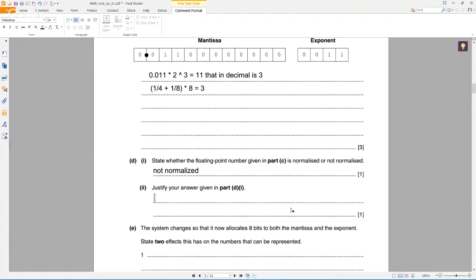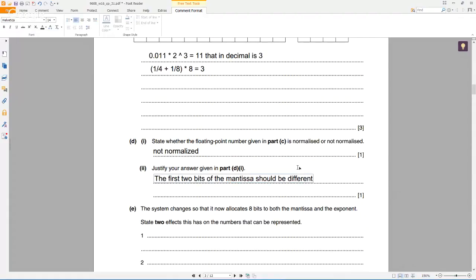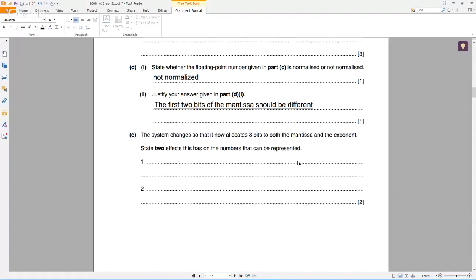Now, the reason is basically what I said: the first 2 bits should be different in order to be normalized. So, to justify the answer, why is it not normalized? Because the first 2 bits of the mantissa should be different, either 0, 1 or 1, 0.